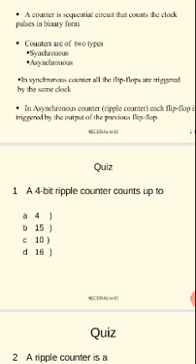A 4-bit ripple counter counts up to 2 to the power of n, that is 2 to the power of 4, 16. It counts up to 16, or 0 to 15 we can say. Option D becomes the right answer.